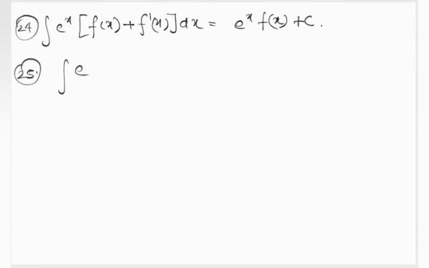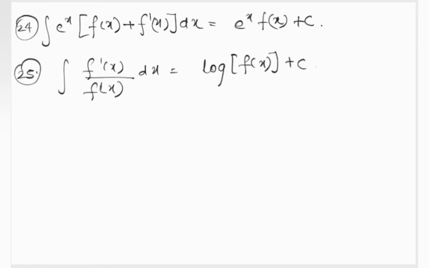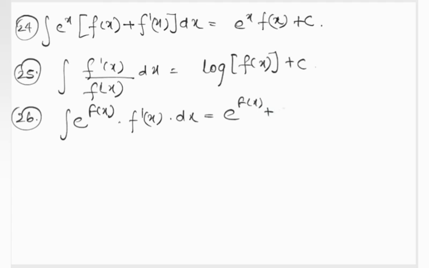Integration of f dash of x by f of x dx, then this will be log of f of x plus c. Integration of e to the power f of x, that is a function of x, f dash of x into dx, this will be e to the power f of x plus c.